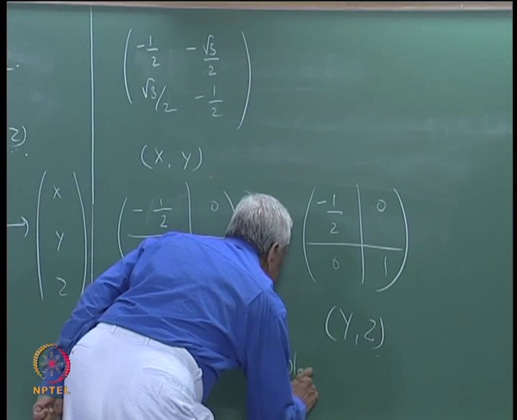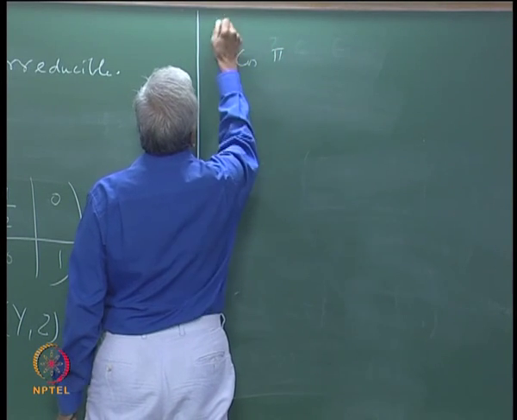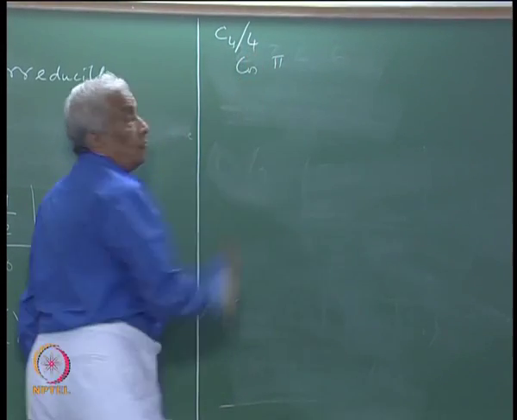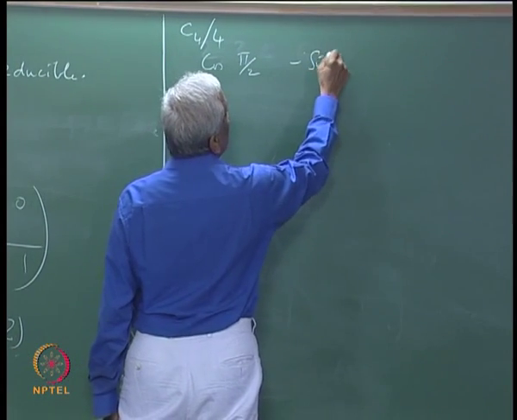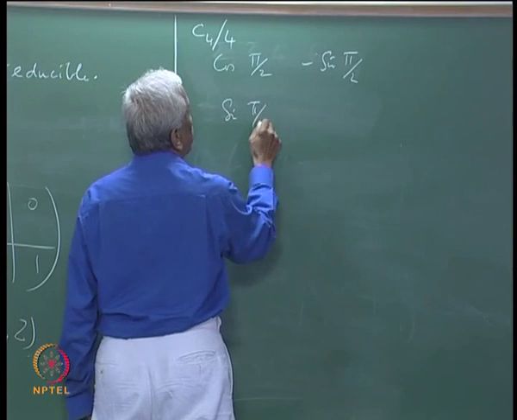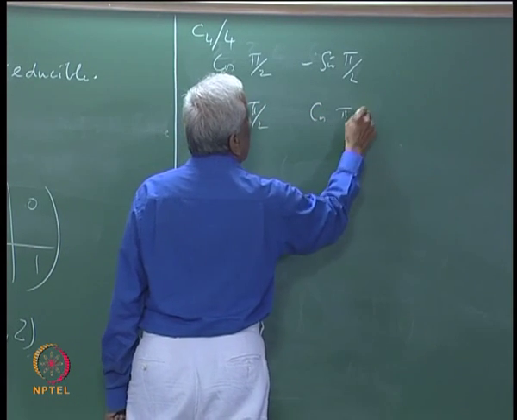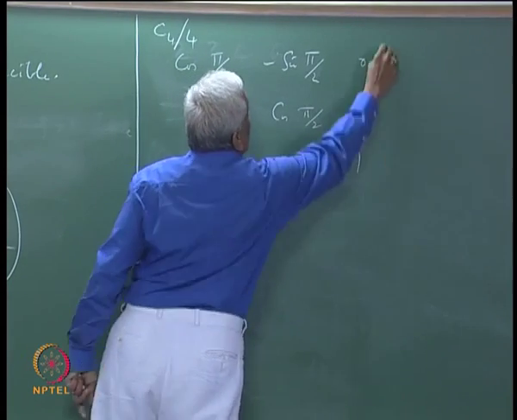whereas going on to the case of the C4 axis, a fourfold rotation about the z axis. So, it has cos pi by 2, minus sin pi by 2, sin pi by 2, cos pi by 2, 0 0 1.